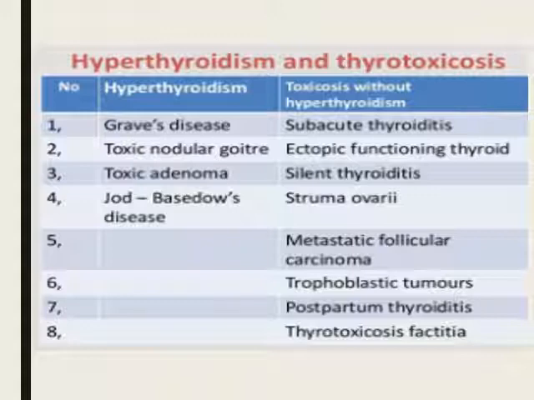It may be due to ectopic functioning thyroid tissue, struma ovarii, metastatic follicular carcinoma, trophoblastic tumors, postpartum thyroiditis, and subacute thyroiditis, where increased synthesis of thyroid hormone is not there, but preformed thyroid hormones are released due to inflammation and infection. And thyrotoxicosis factitia, in which the patient usually takes thyroxine from outside.